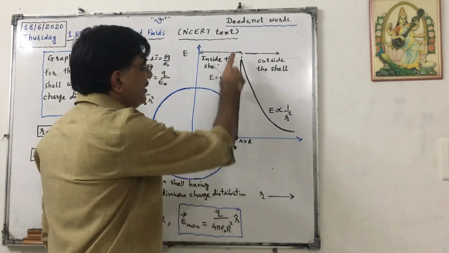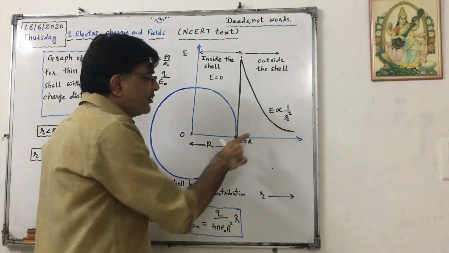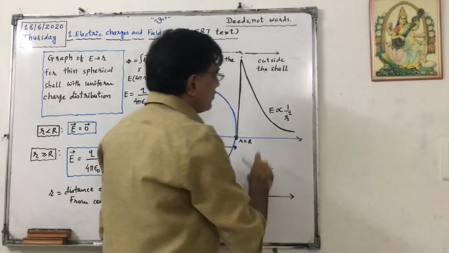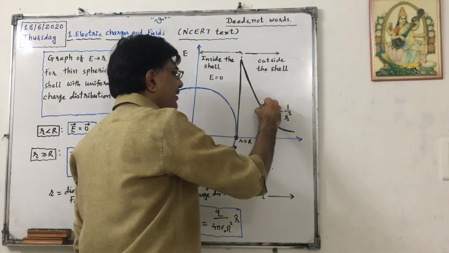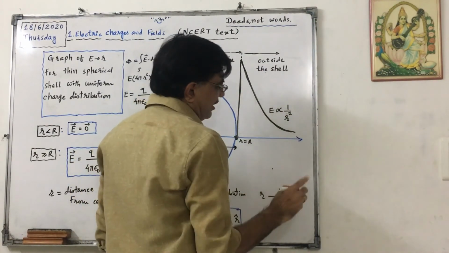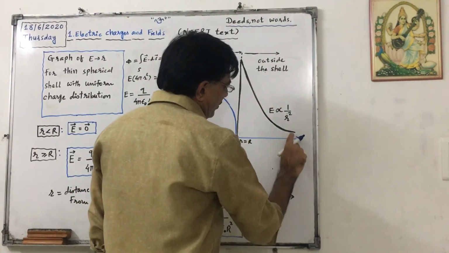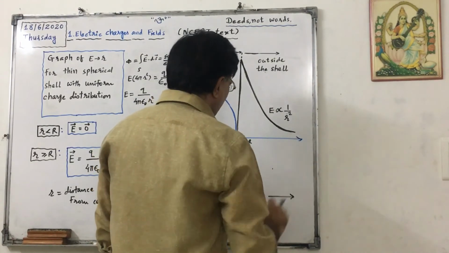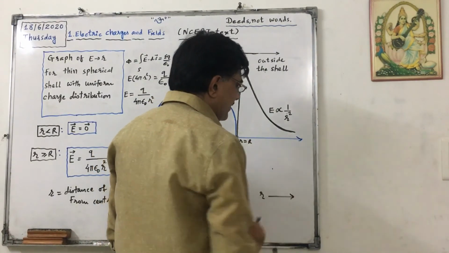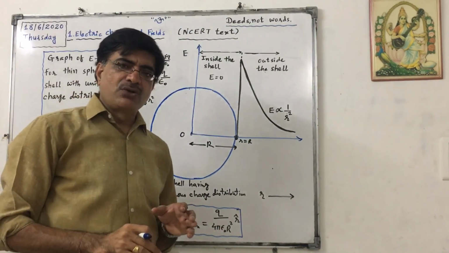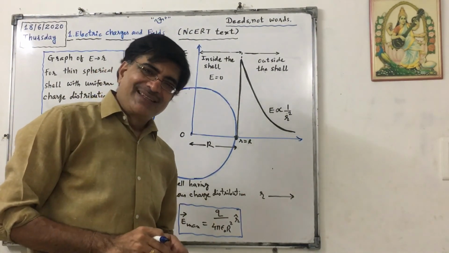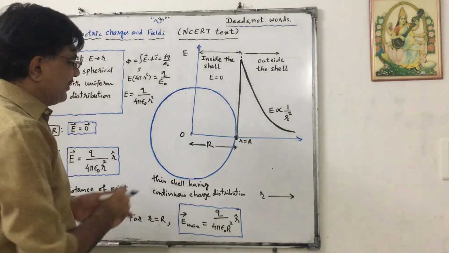Afterwards it will decrease according to E proportional to 1 upon r square. So this is the curve. But keep in mind, don't touch this curve to the distance axis, or say x-axis, because theoretically electric field becomes zero at infinite distance. So prepare this graph.